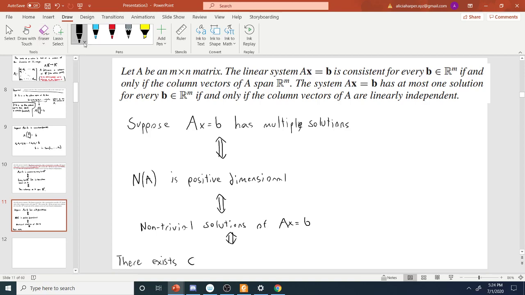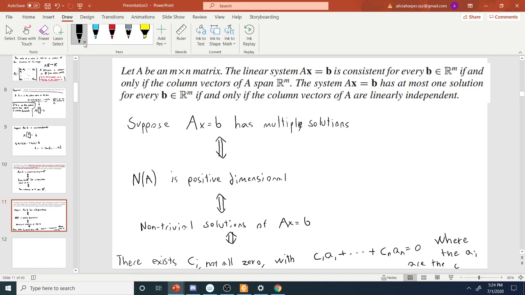There exist Ci, not all 0, with C1 times A1 plus and so on, plus Cn times An equal to 0, where the Ai are the columns of A. And so this shows that this equation having multiple solutions is the same thing as a non-trivial linear dependence relation between the column vectors A1 through An.